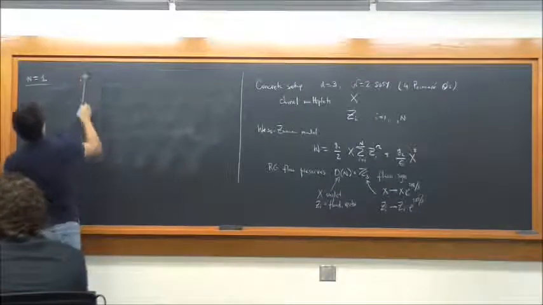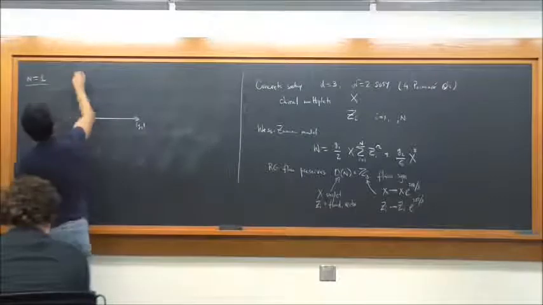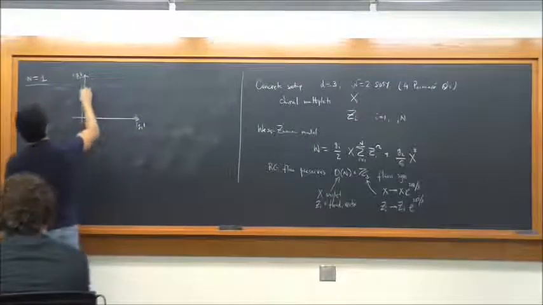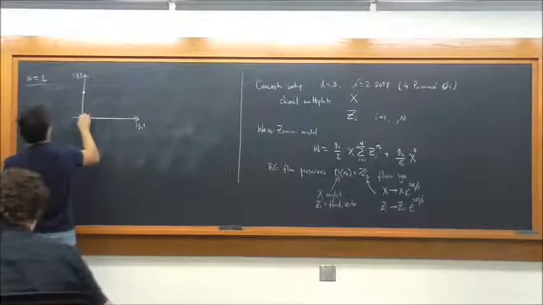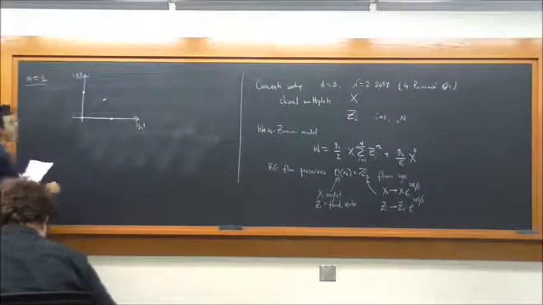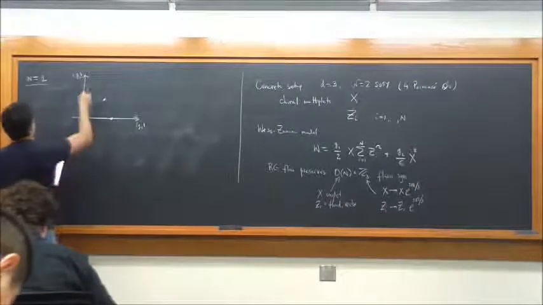The RG flow diagram looks like this. Here we have G1, here we have G2. And there are 4 fixed points. There's one here, there's one at the origin, there's one here, and one somewhere here. And the flow lines look like this.